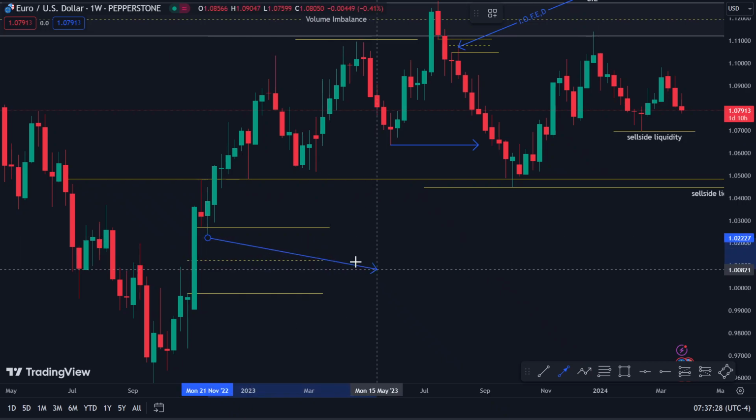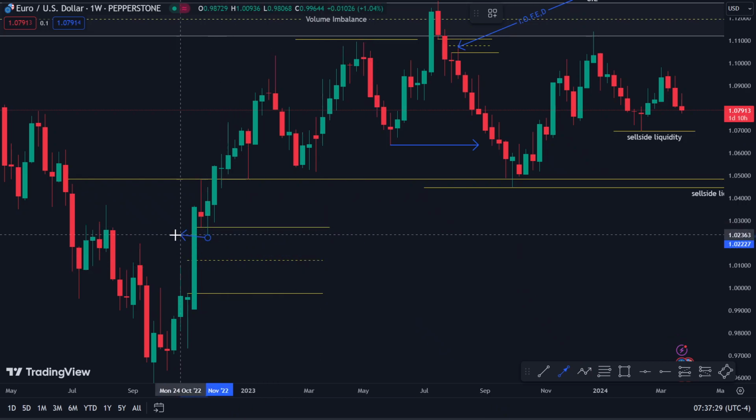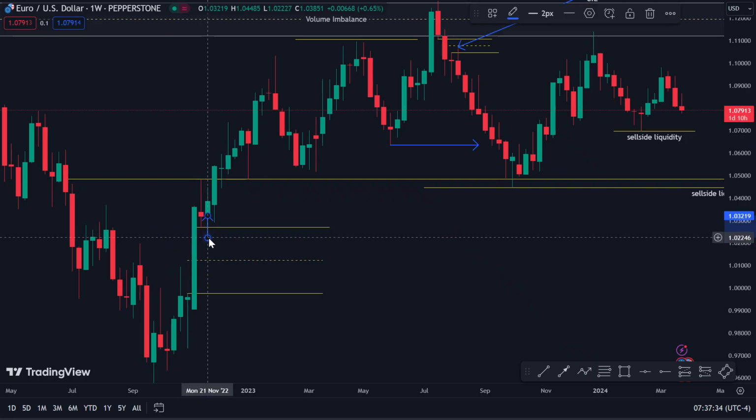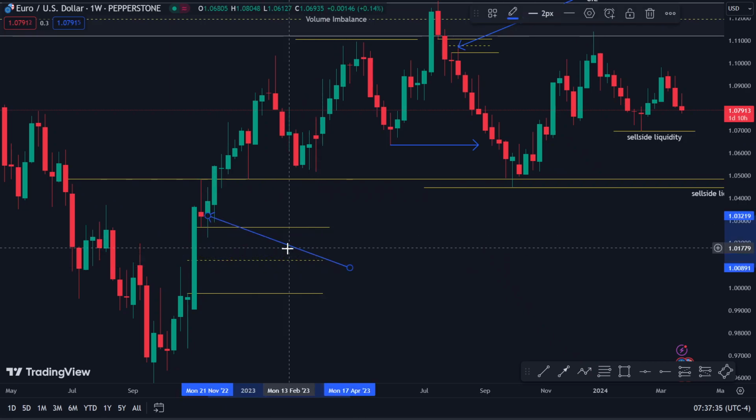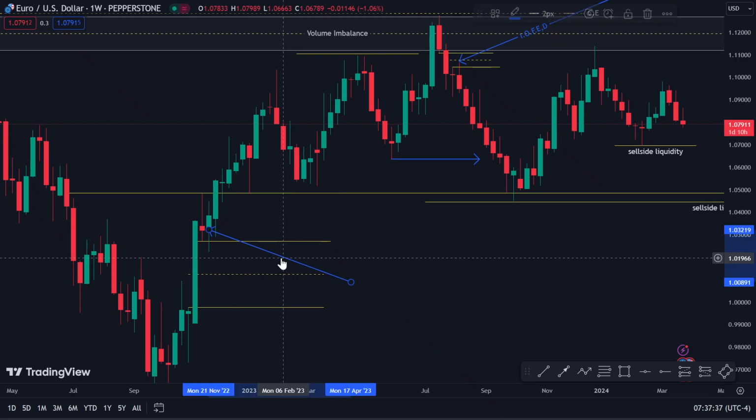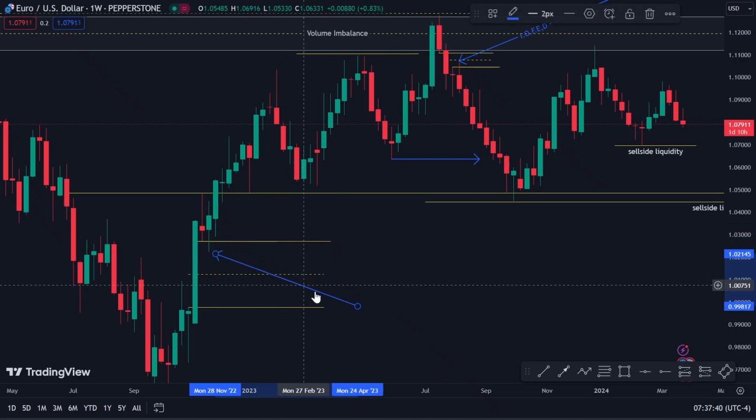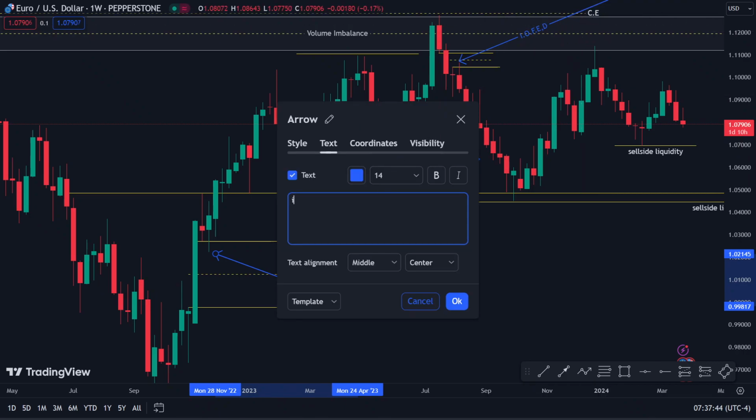Now friends, this is a classic example of an institution order flow entry drill. This is our institution order flow entry drill.